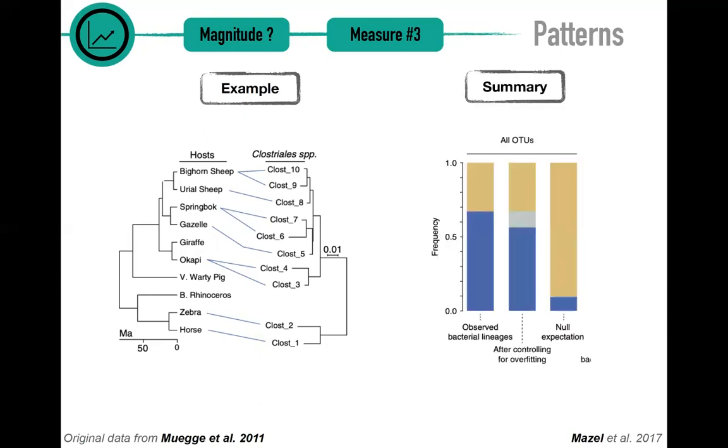But we show that what we observe for a particular clade of bacteria is actually widespread across the bacterial phylogeny, with most of the bacterial clades we studied showing significant congruence with the host phylogeny, more than 50% here in blue.